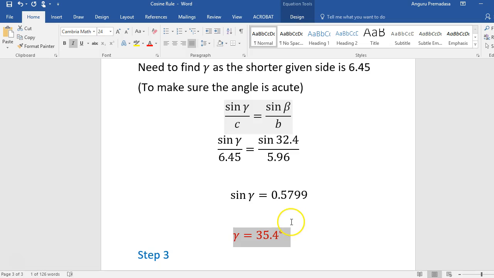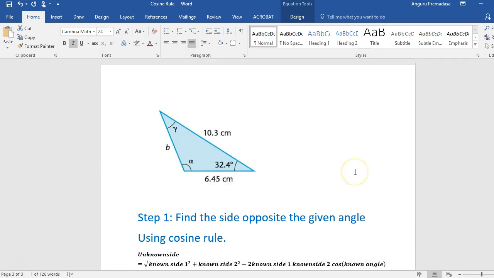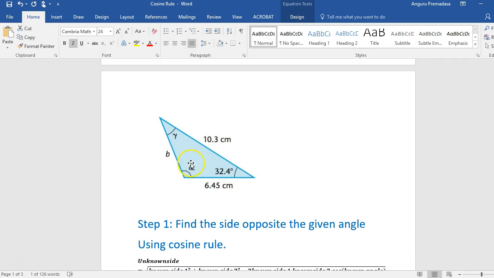Now remember, with the law of sines, you also found another angle in a situation like that by subtracting from 180. But we don't have to do it here because we made sure that we found the angle opposite the shorter side. Gamma is opposite 6.45, the shorter side, so gamma will be a small angle.